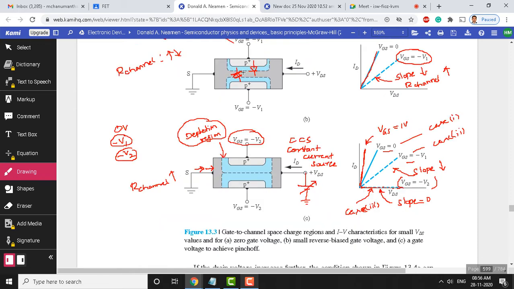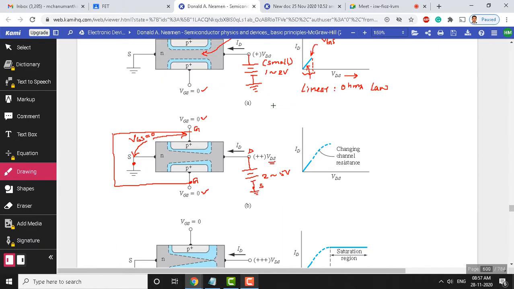Let's observe it. On the source side there are PN junctions surrounding this P plus region here. Now look at what happens to the PN junction towards the source side and what happens to the PN junction towards the drain side. Look at that in this diagram also.